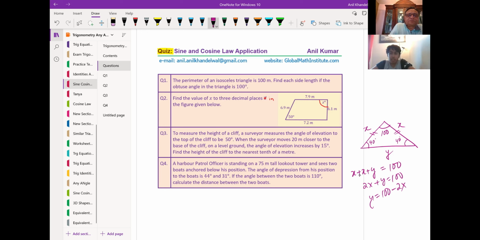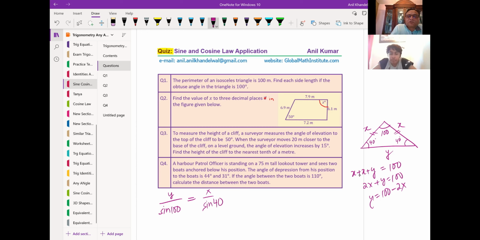So we already know the angles, right, sir? Yes, so y over sine 100 is equal to x over sine 40. Is that okay? Yes, sir. And we know y is 100 minus 2x, correct?